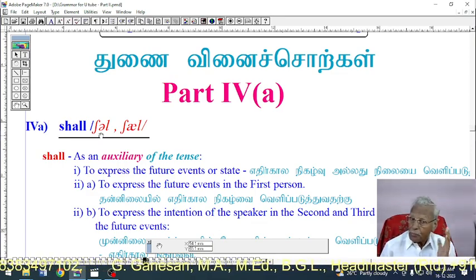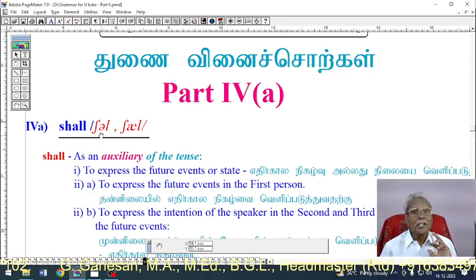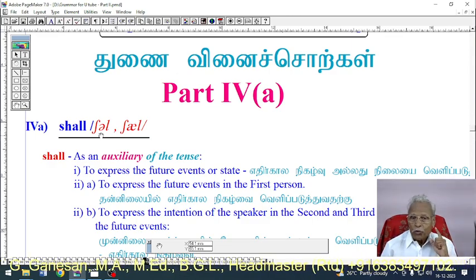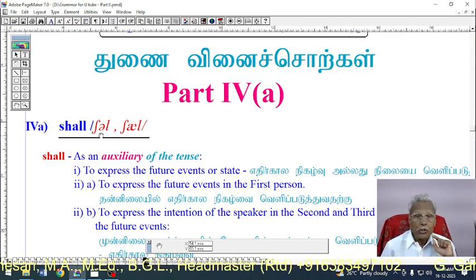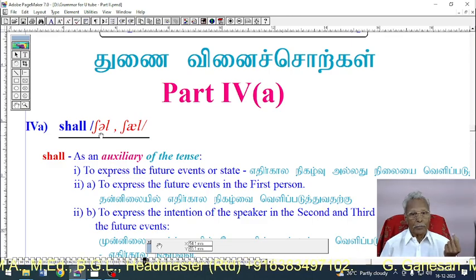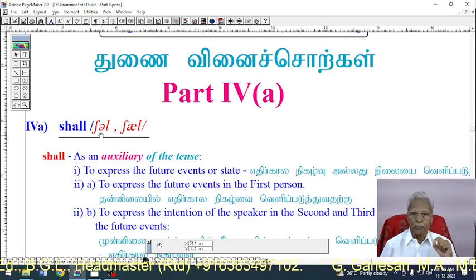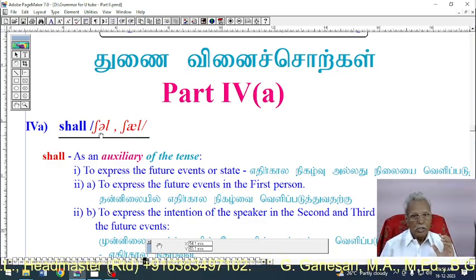But in the second and third person it represents the intention of the speaker. So when it is used in the second and third person, it should be pronounced as the strong form.